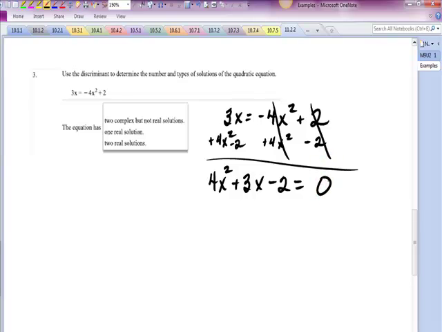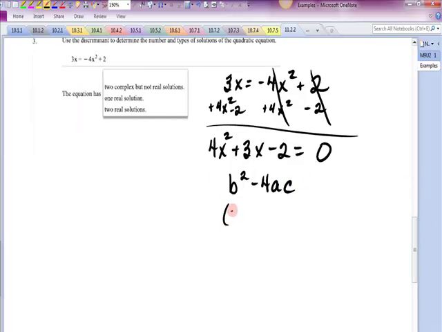You could have gone the other way. You would get the same result. All right, b squared minus 4ac is the expression for the discriminant. So it is, well, I guess I should have taken a moment. A is 4, b is 3, c is negative 2.